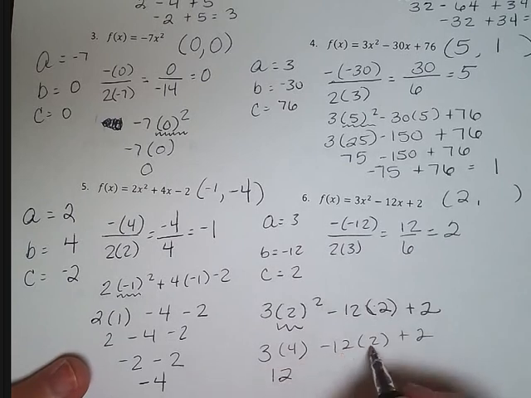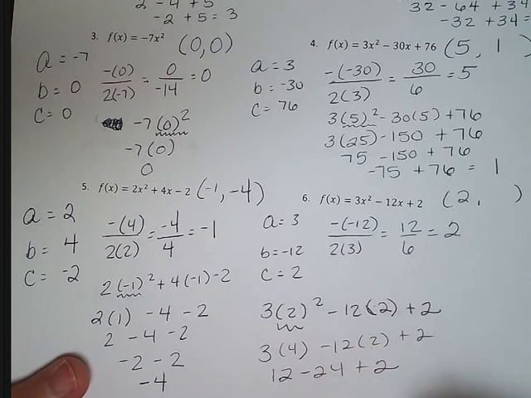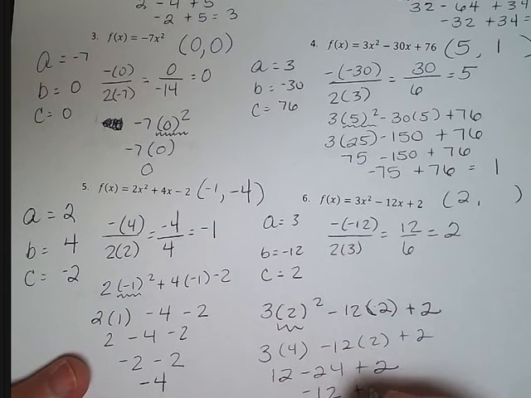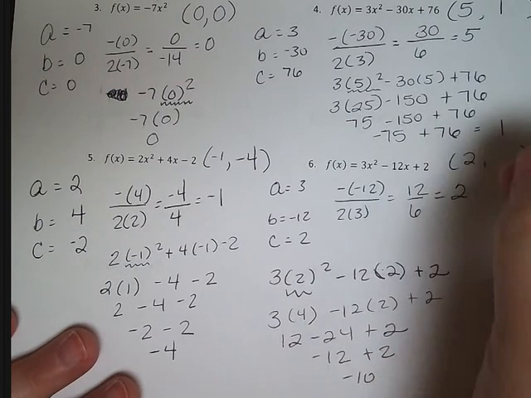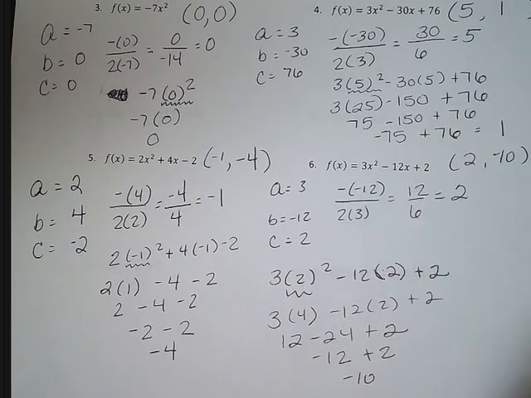Negative 12 times 2 is negative 24. 12 minus 24 is negative 12. Negative 12 plus 2 is negative 10. So we should have 2, negative 10 for number 6.